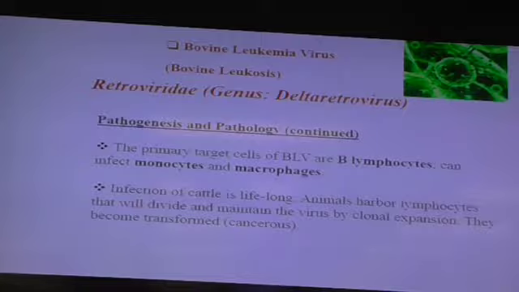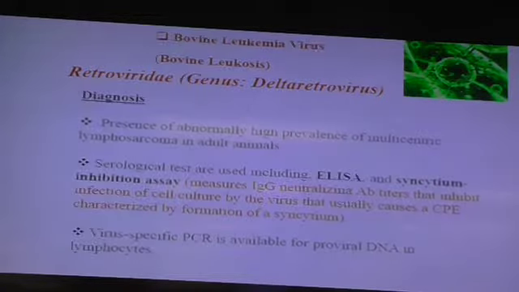However, other cells can be infected by the virus, like monocytes and macrophages, which makes things in a way worse. So as I said, some of the animals develop the cancers, not all animals, and that's basically due to mutations of the virus resulting in a strain or a variant of the virus that can cause the lymphosarcoma.